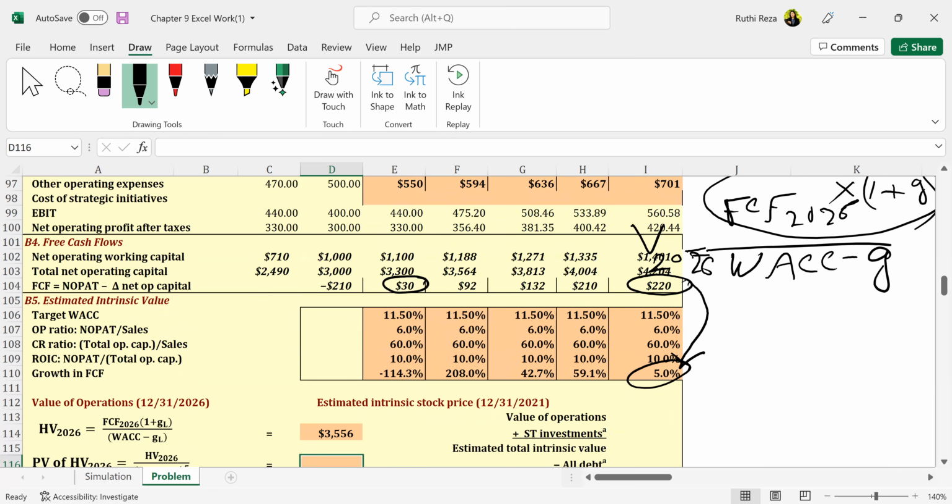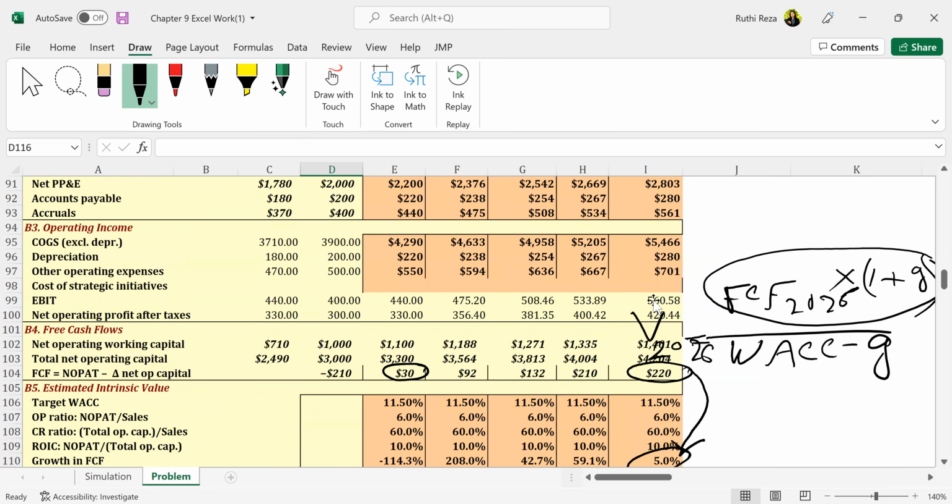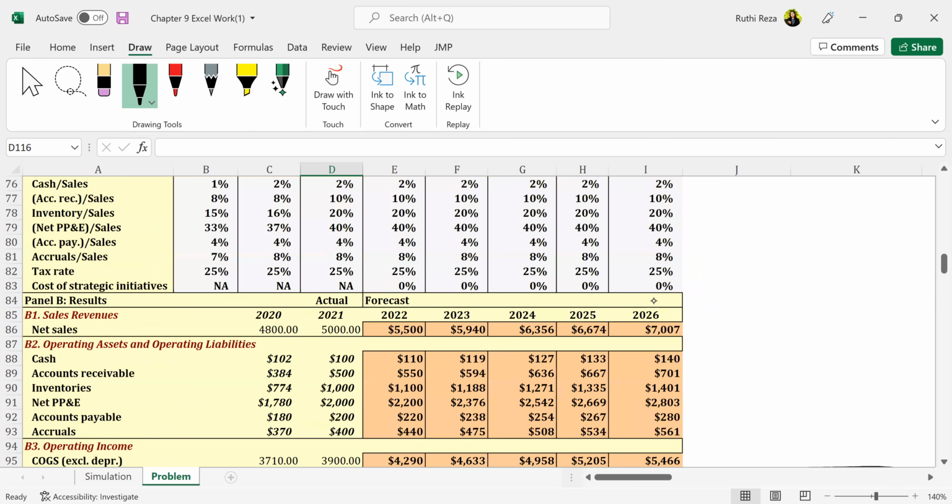Now we are going to discount it back to the year 2021. So you can see here, your free cash flow to the firm value is now here. Let me just clarify. So the terminal value you get based on free cash flow to the firm is now in the year 2026.